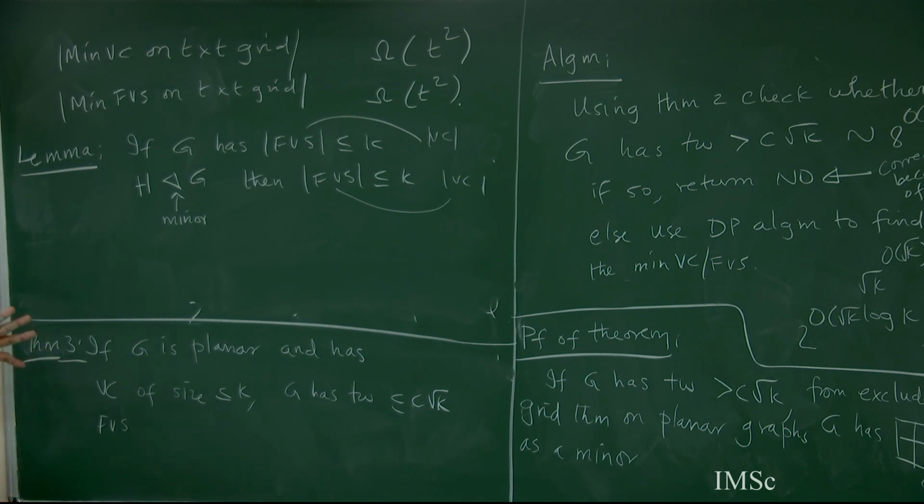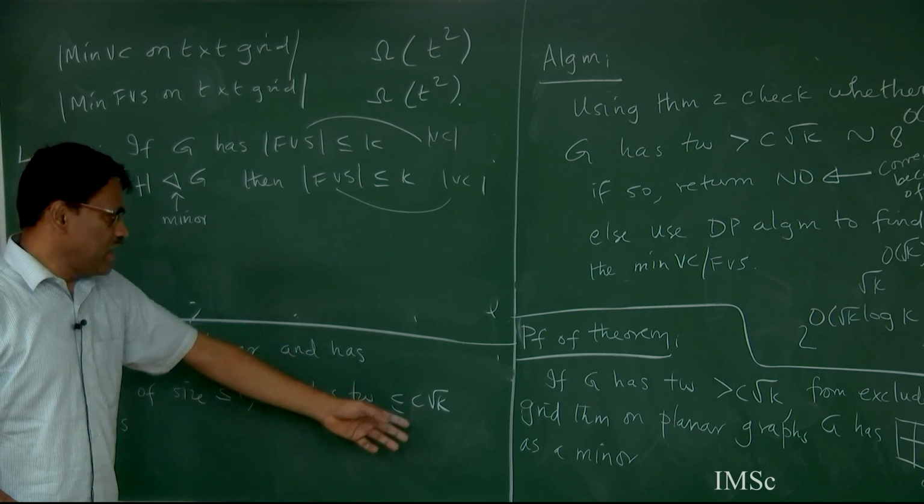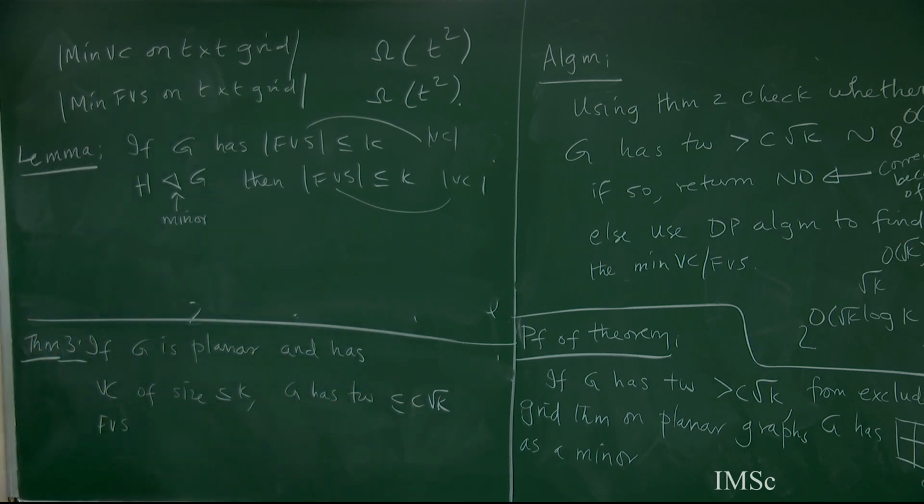Okay. So this is impressive that for a number of these parameterized problems, or even the minimization problems on planar graphs, we can solve it in sub exponential time, and all we needed was these big black boxes: the grid theorem, dynamic programming on bounded tree width graphs, and this, that if the tree width is large, the answer is no. And the large here for general graphs it was some ck, here it is c root k.